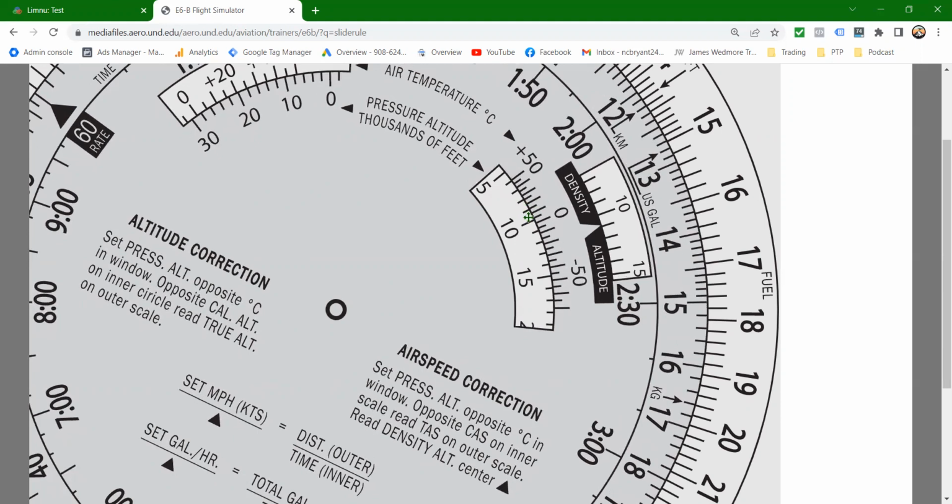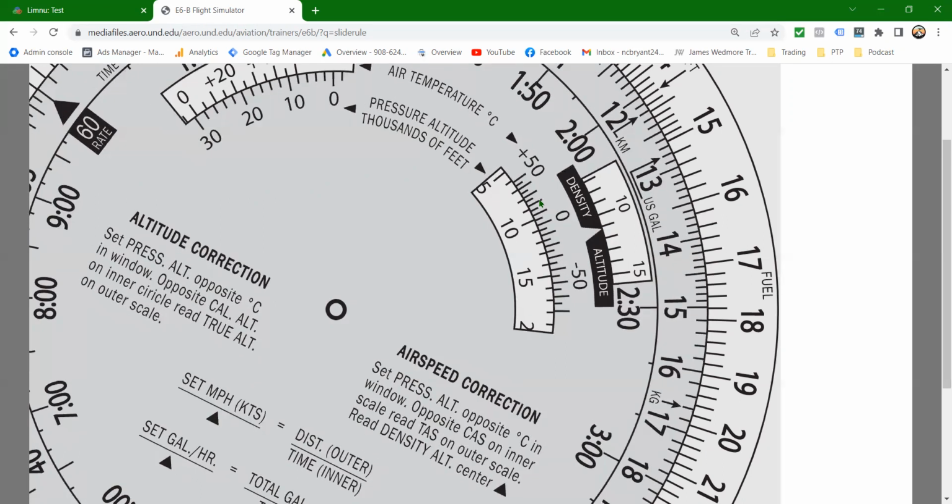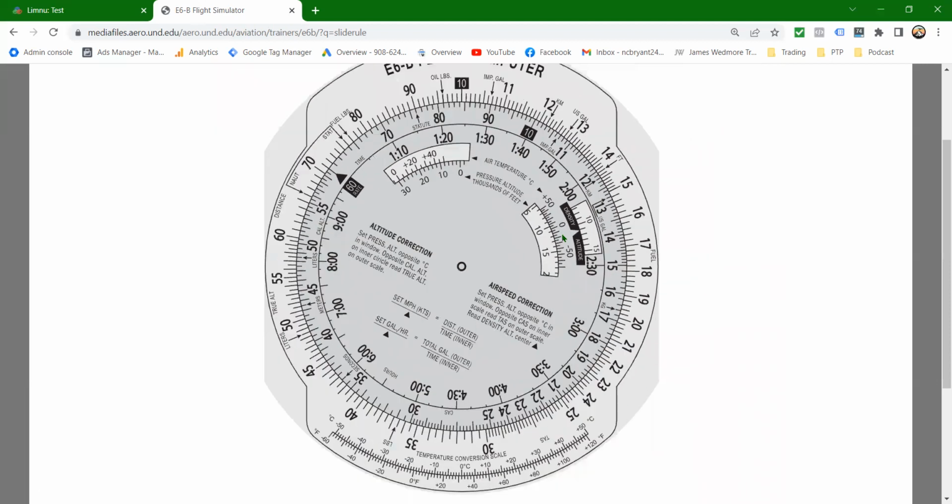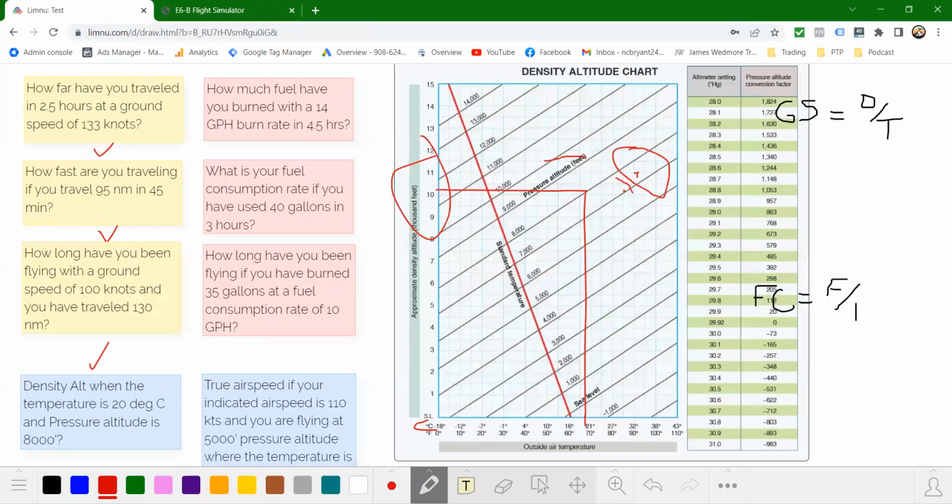I put the 25-degree line on 8,000. Just doing that changed it to 10,000, 11,000 feet. So just that small change, that little millimeter of change in spinning this thing, changed that a whole bunch. So again, it's great for estimations when you're flying, but I would use this chart when doing FAA written questions. Does that make sense?